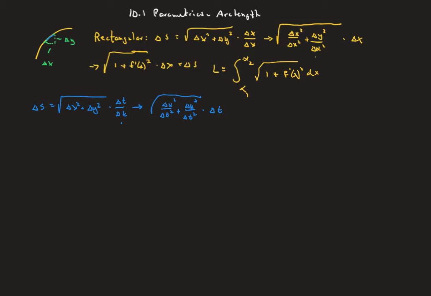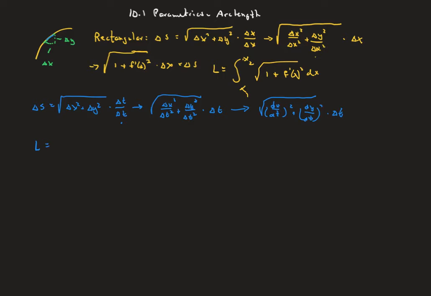Once we do the whole mean value theorem idea like we talked about with rectangular, inside our radical it's going to become dx/dt squared plus dy/dt squared, and we've got that delta t still on the outside of the radical.